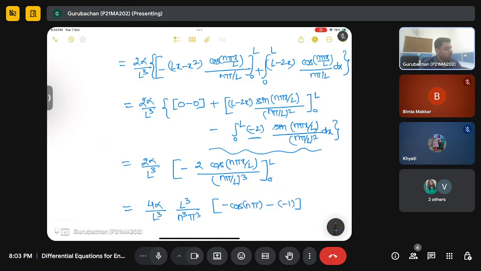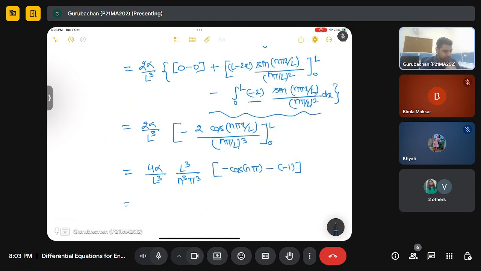Cos 0 is 1, so here with a negative sign it is minus 1. So this will be 4 alpha divided by n cube pi cube, times 1 minus cos n pi, and cos n pi is minus 1 to the power n.